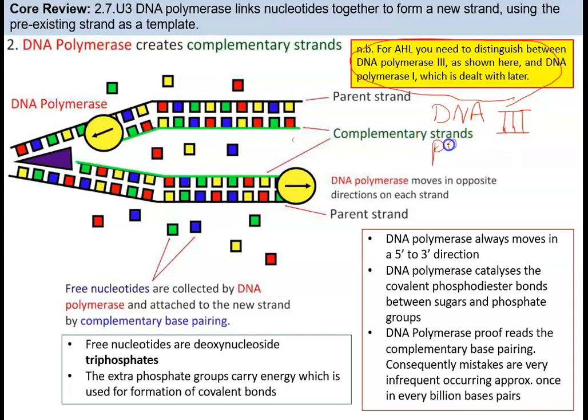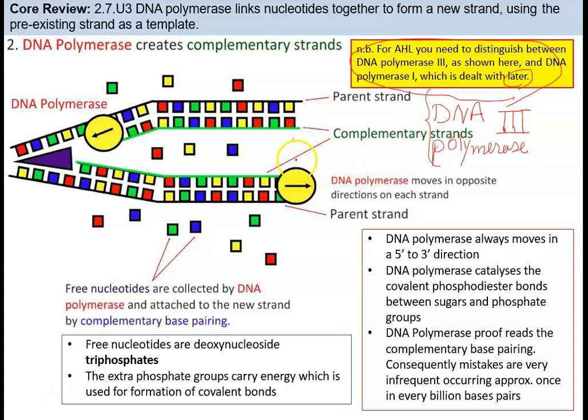DNA polymerase 3 is the one that adds the polynucleotides in both leading and lagging strands. But you will learn the function in the process of replication of another DNA polymerase, which is called DNA polymerase 1. We will talk about it later, as it's mentioned over here.